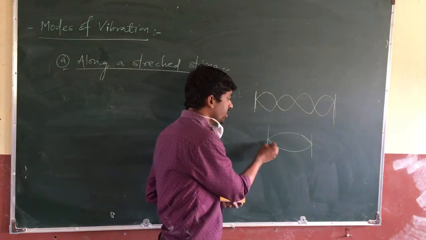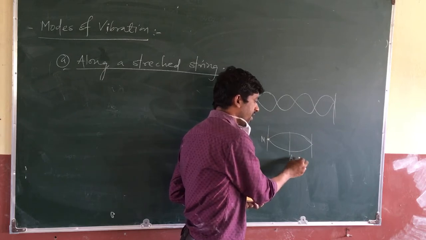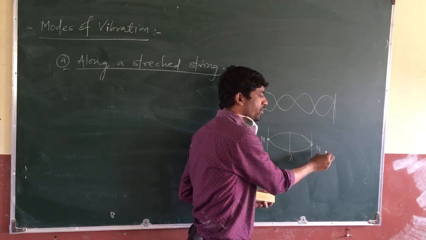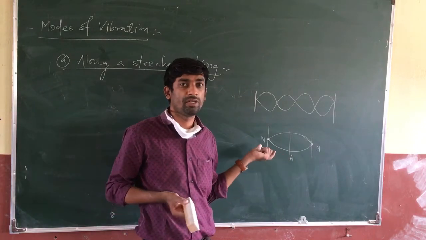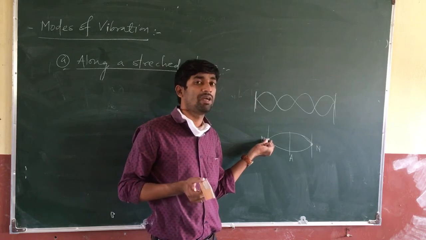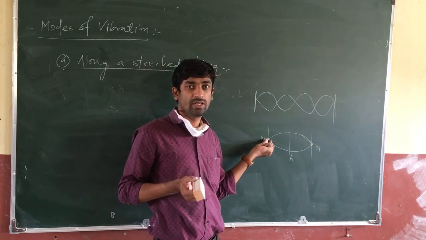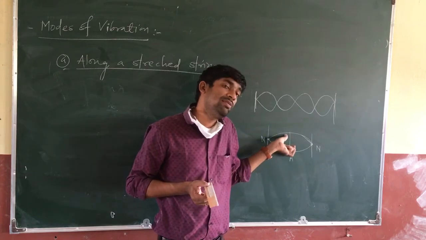So that means here this is the position of a node, this is the position of an antinode, and this is the position of a node. I have already explained node and antinode in the properties of a stationary wave. Node means the point where the displacement of a particle is 0 and its velocity is also 0. Antinode means where the displacement of a particle is maximum.